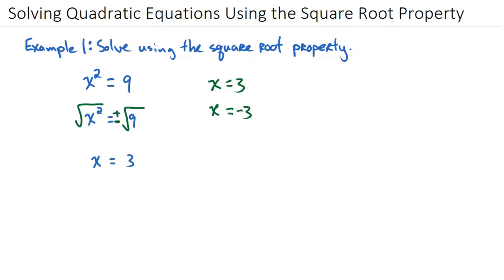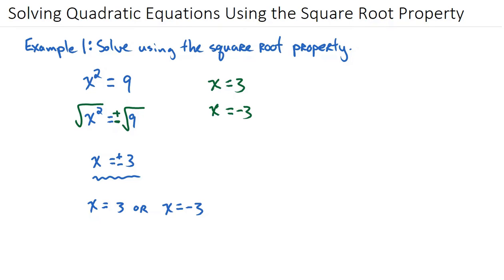And so then our answer is both a +3 and a -3. So what I've written there, x equals plus or minus 3, is shorthand for x equals 3 or x equals -3. Those mean the same thing. It's just that the plus or minus symbol squishes that down into a more concise way of expressing it on paper.